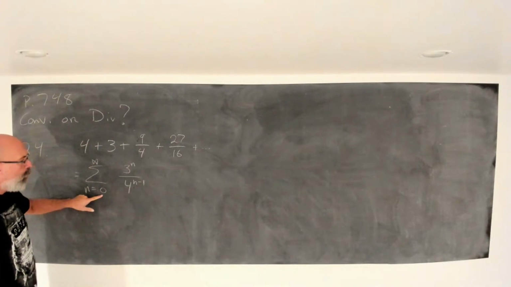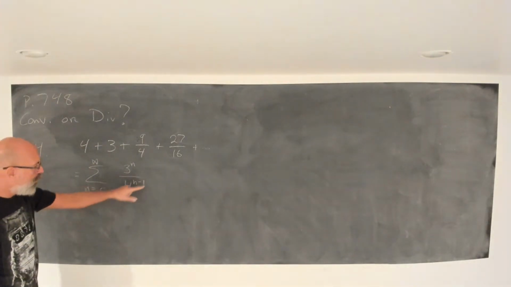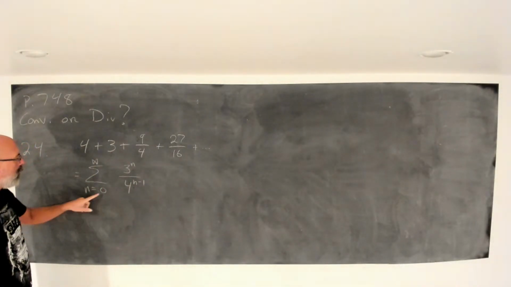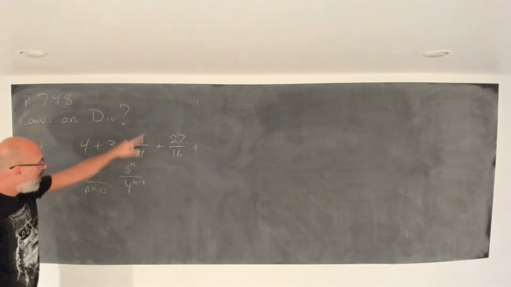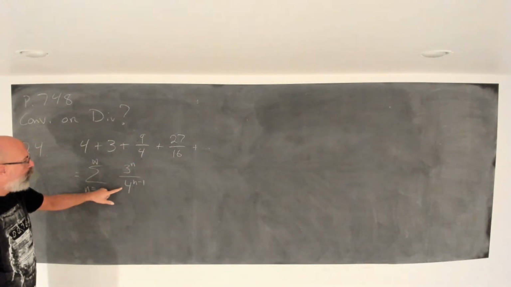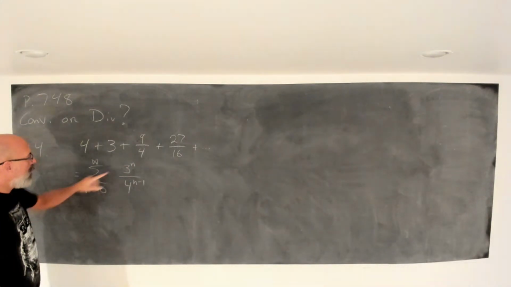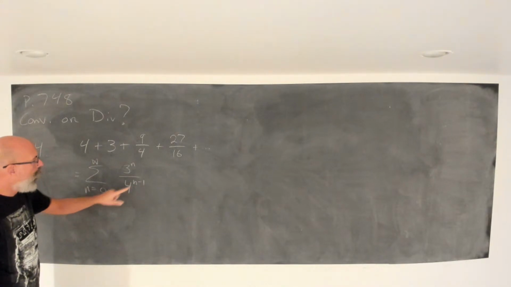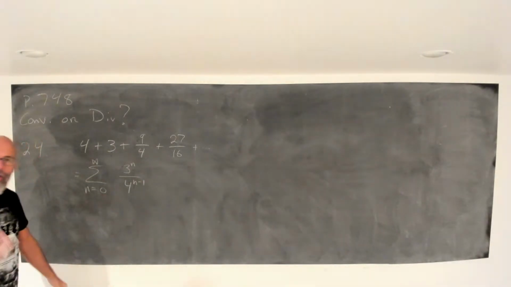Looking good. When n is 1, this is 4 to the 0, so that's gone, and that's 3. Exactly what we want. When n is 2, we know that that's what we get, right? 3 squared over 4. When n is 3, 3 cubed is 27, over 4 squared, which is 16, and so on. Looks pretty good.